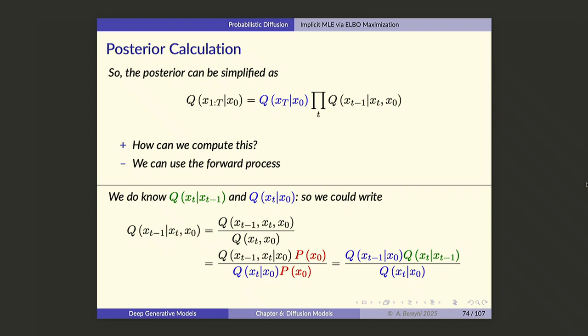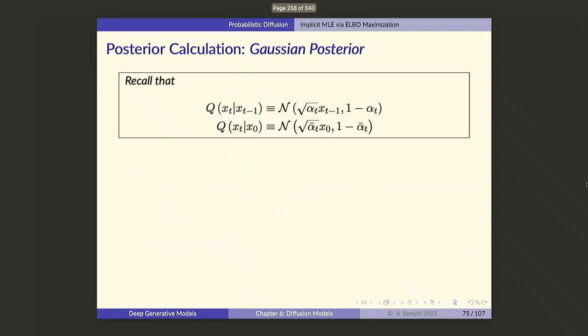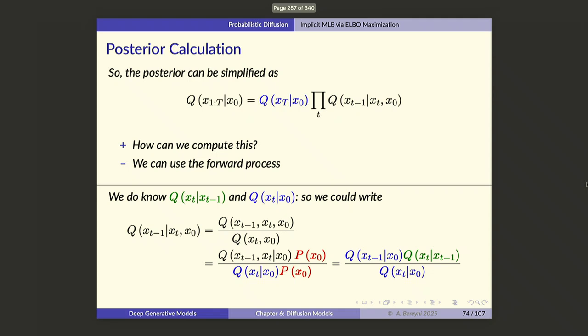Okay, cool. Now, this is basically what I wrote on the board. Here what you have is the distribution of xt given the previous time, or xt given your data sample, and both of them are Gaussian. So you can write down those Gaussian distributions in this form, and then you can put them inside that expression that you saw, this fraction here.